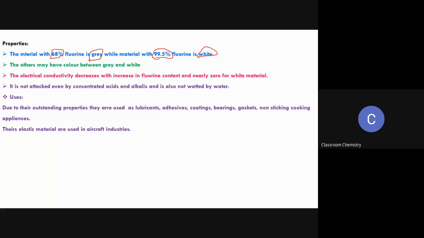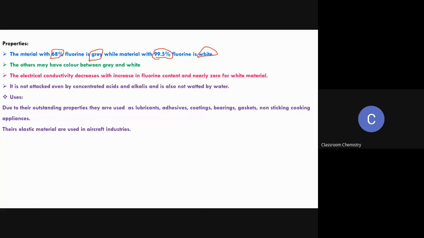Okay. Now we see that this inorganic polymer is less affected when it is employed towards what? Acids and alkalis. Due to that, this fluorocarbon is not attacked even by concentrated acids and alkalis, and is also not wetted by water.